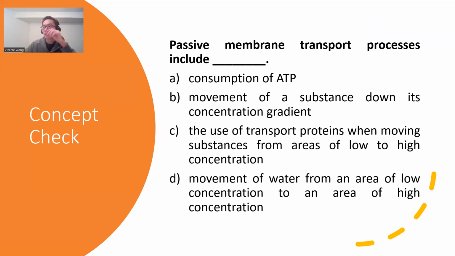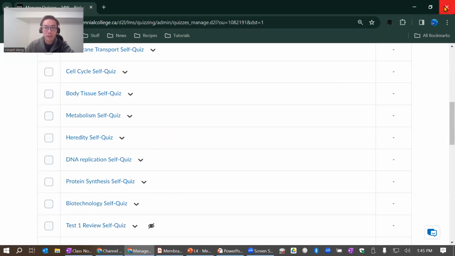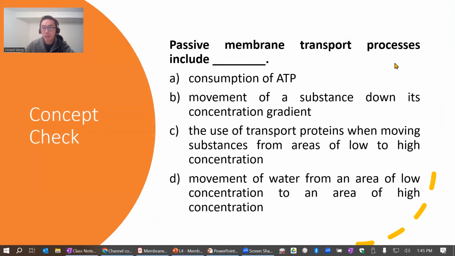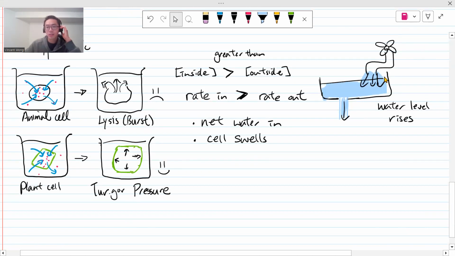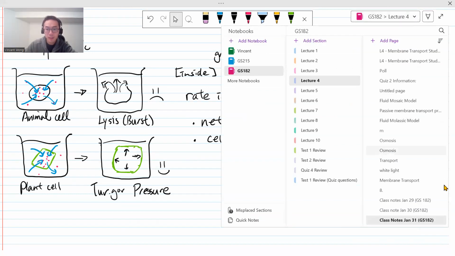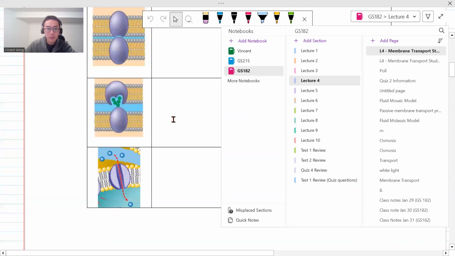Sorry, which question 8 and 9 are you talking about? The study guide, the chapter on membrane transport. Is it this one?